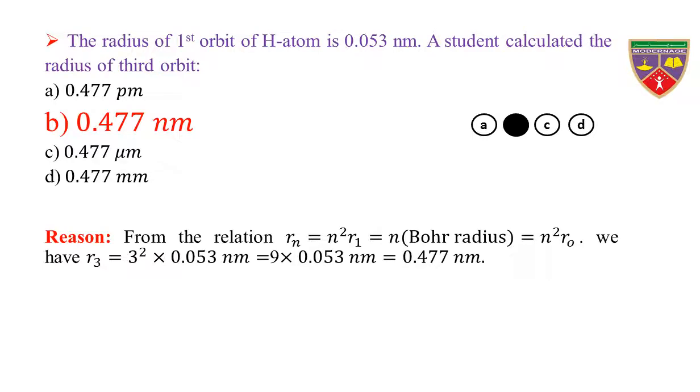Reason: from the relation Rn is equal to n square into the Bohr radius. Bohr radius is denoted by r naught. Therefore, Rn is equal to n square r naught, where r naught is 0.053 nanometer.